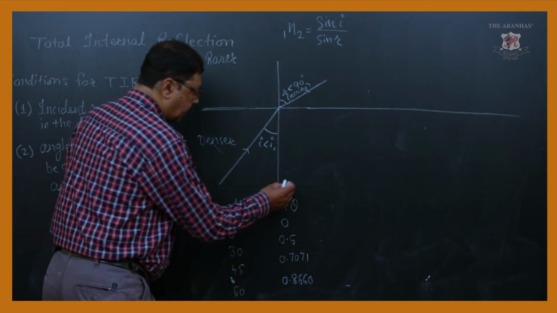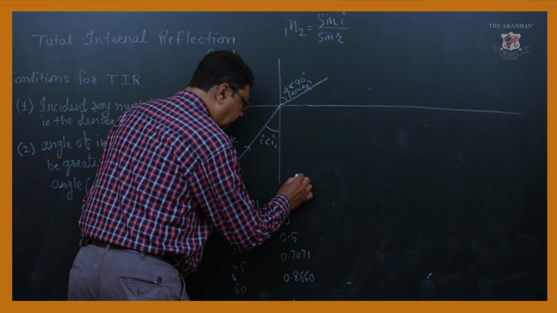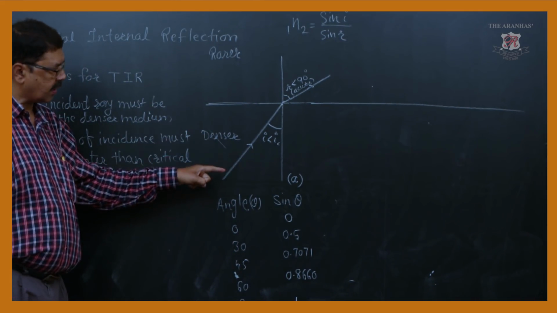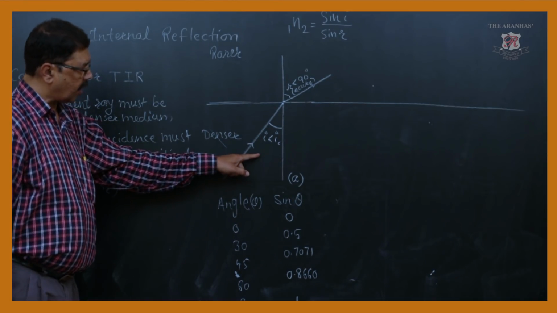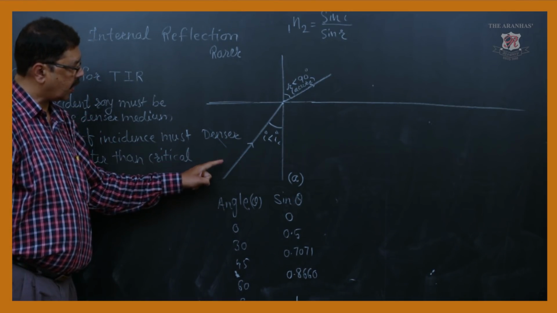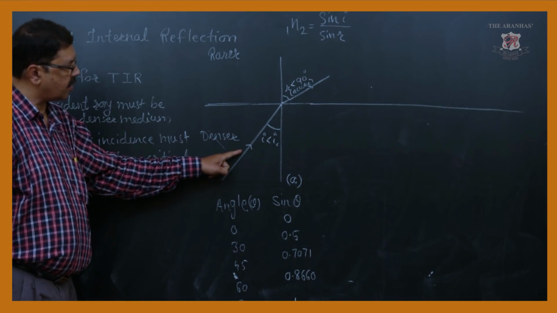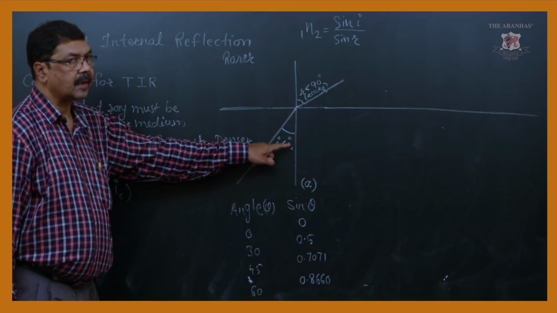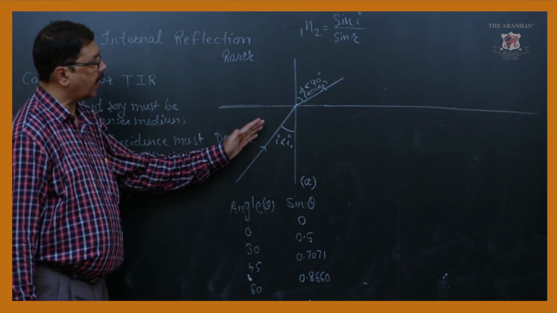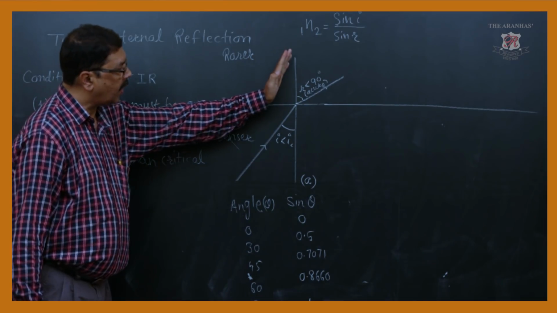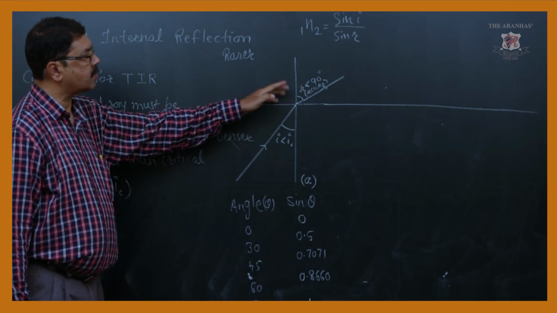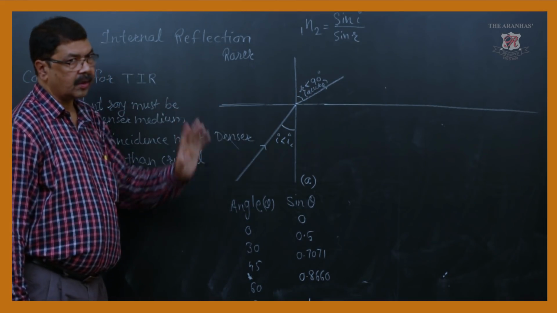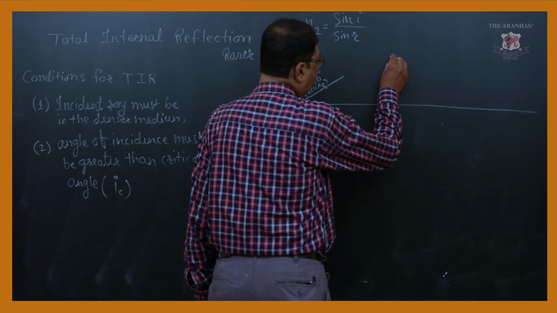In the next diagram, I am writing here diagram A. With reference to diagram A, we will discuss again. In diagram A, what is shown is a ray of light is made in the denser medium with angle of incidence less than critical angle. The ray enters the rarer medium and the refracted ray is bent away from the normal. Still, angle of refraction is less than 90 degree.